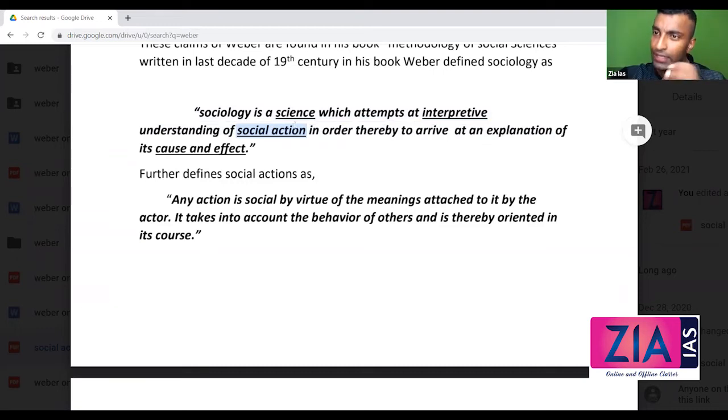What is the scope of sociology? Study social action. How? By the explanation of cause and effect. For that, you have to use methods, and he gives you methods. Don't worry, we are going to study everything. Verstehen, causal pluralism, ideal types, comparative analysis, and the demonstration of these methods also we will see in different theories. Today itself, we'll see, I think, ideal types demonstration in the theory of social action.